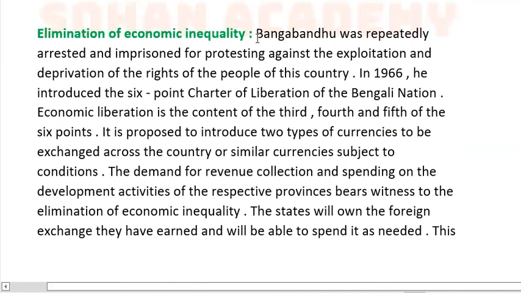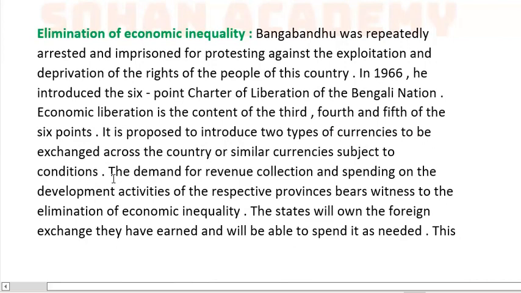Elimination of economic inequality. Bangabandhu was repeatedly arrested and imprisoned for protesting against the exploitation and deprivation of the rights of the people of this country. In 1966, he introduced the six-point charter of liberation of the Bengali nation. Economic liberation is in the content of the third, fourth, and fifth of the 6 points. It is proposed to introduce two types of currencies to be exchanged across the country or similar currencies subject to conditions.